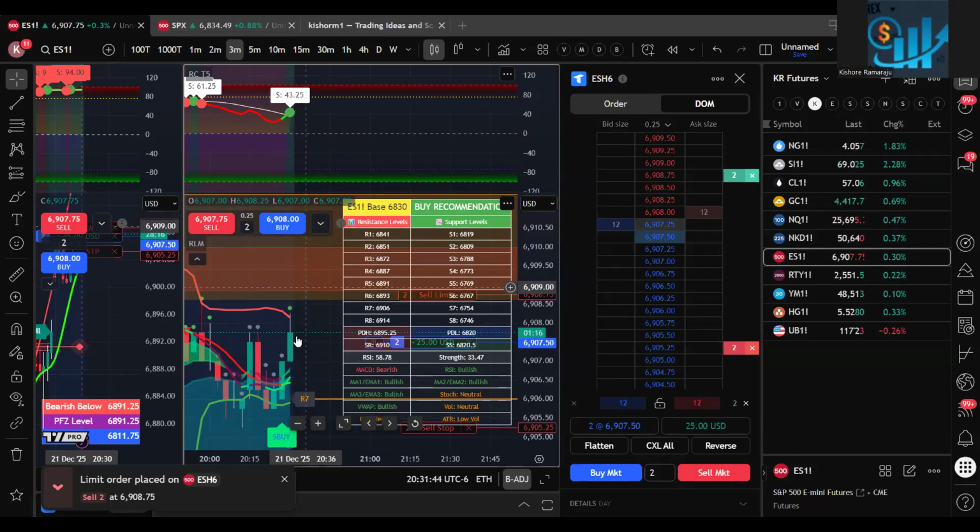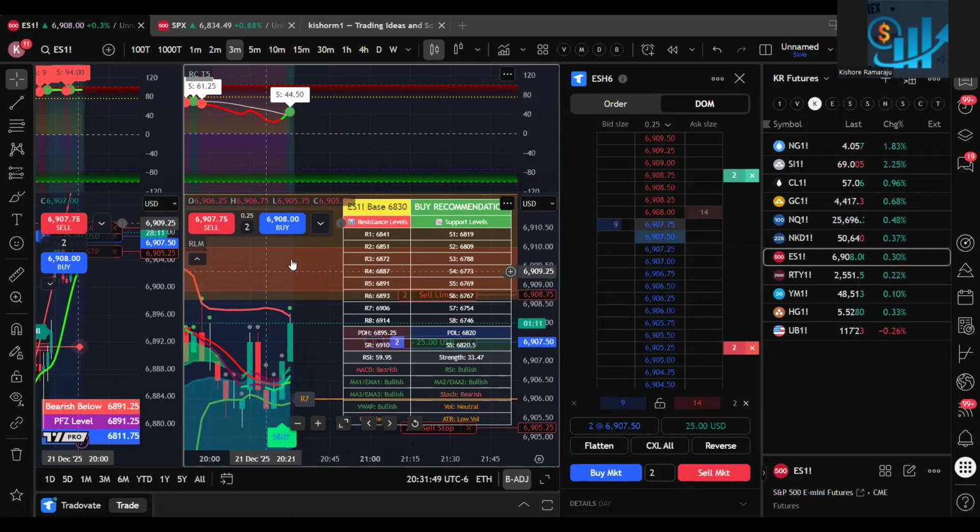We have resistance here, so I want to book profit if it goes close to this resistance.